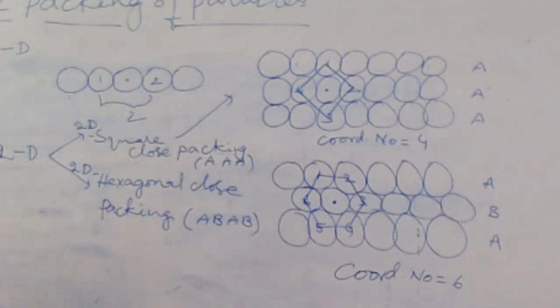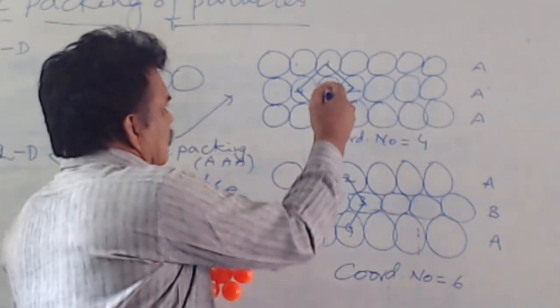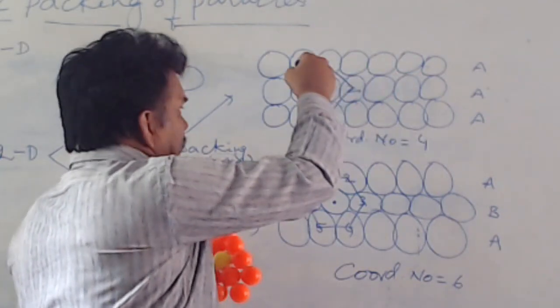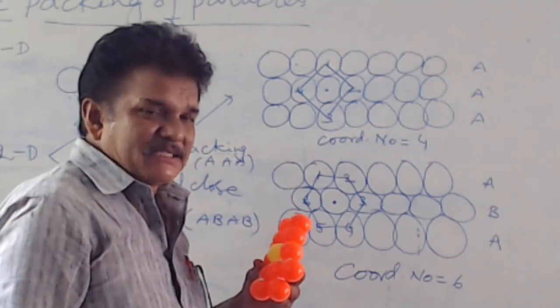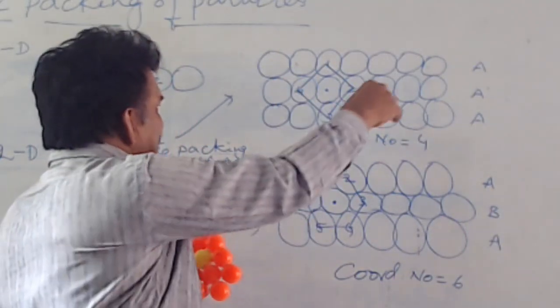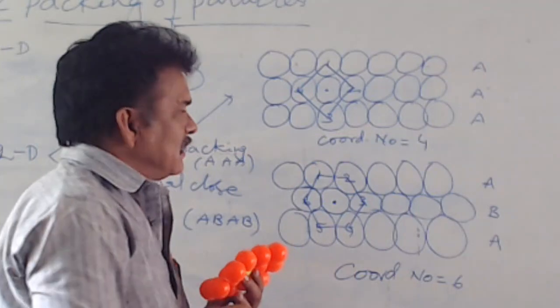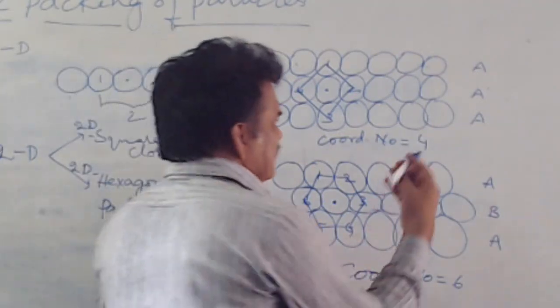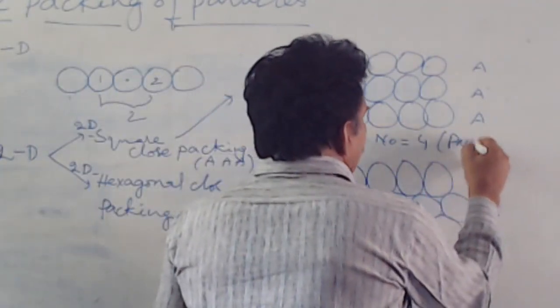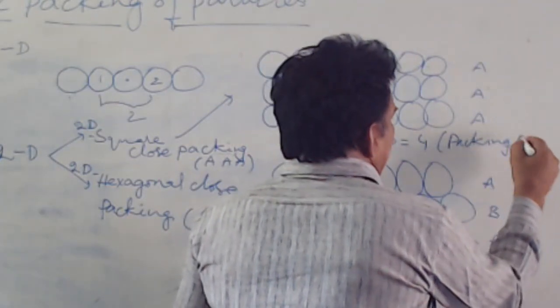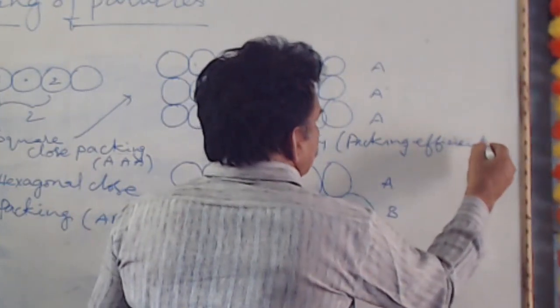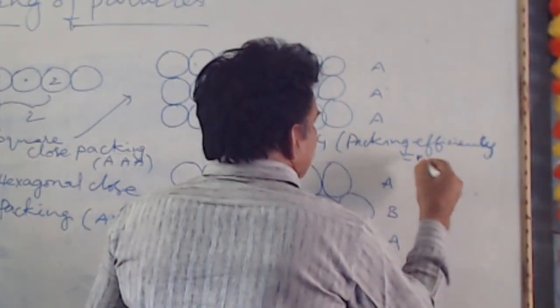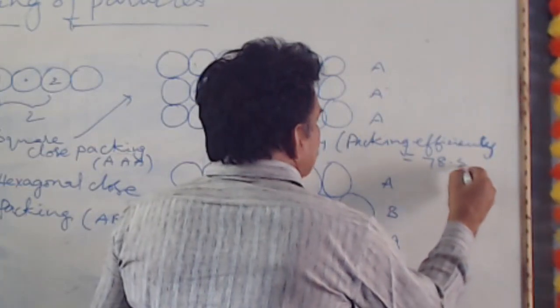Next, if we clearly observe here in square closed packing, there is much space vacant. That means packing efficiency is less in 2-dimensional square closed packing. This packing efficiency is 78.5%.